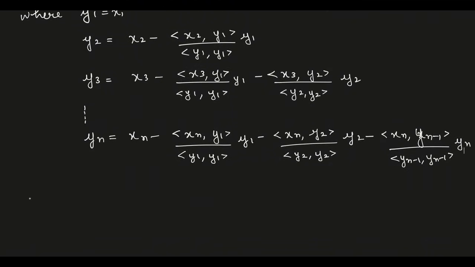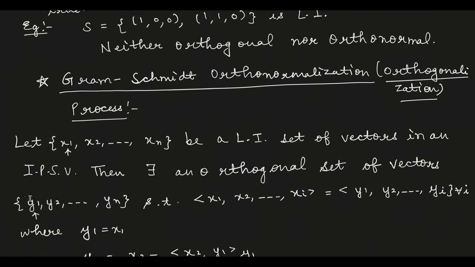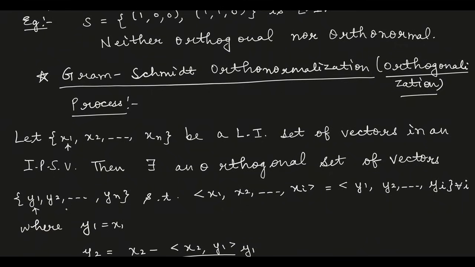So these are orthogonal vectors now. I have told you that y1, y2 up to yn are an orthogonal set of vectors.